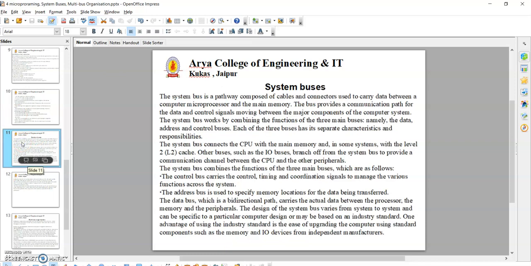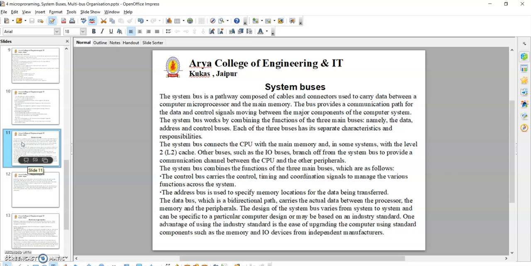While each of the three buses has its separate characteristics and responsibilities, the system bus connects the CPU with the main memory, and in some systems with the L2 cache. Other system buses, such as the input-output buses, branch off from the system bus to provide a communication channel between the CPU and the other peripherals.